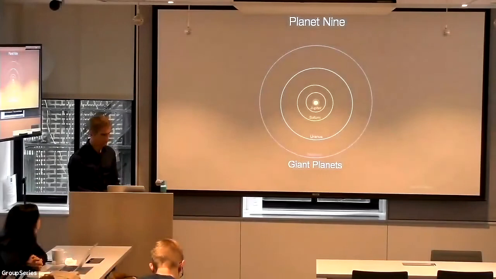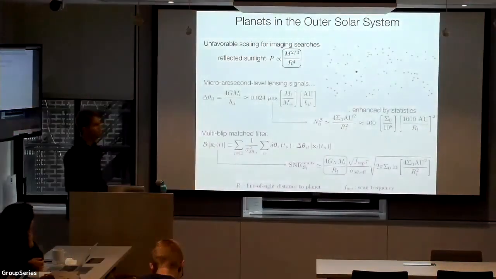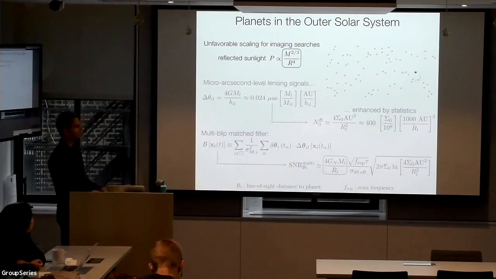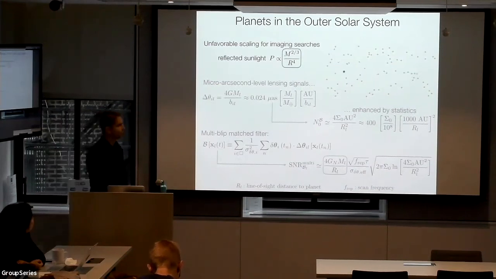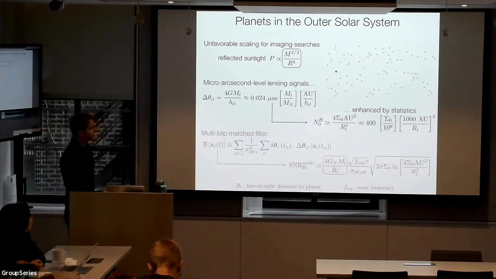I'll skip this animation, but I think we can also look for planets in the solar system this way. So a planet in our solar system is basically doing the same as a dark matter lens, except it's moving much faster. Unfortunately, it's very hard to image because of paying Gauss's law twice in the reflected sunlight. But the lensing signal is not that small.